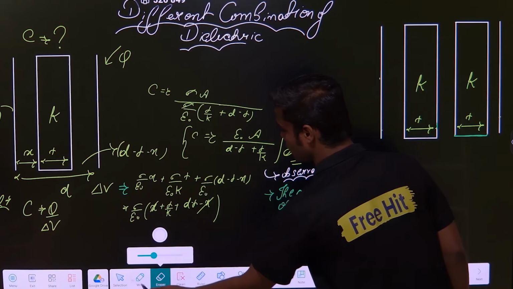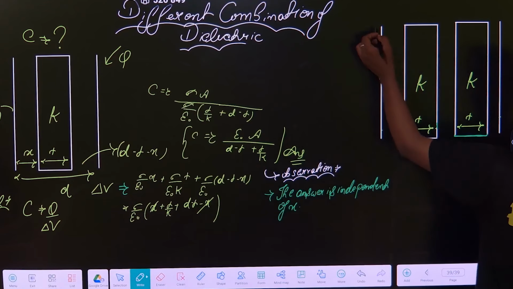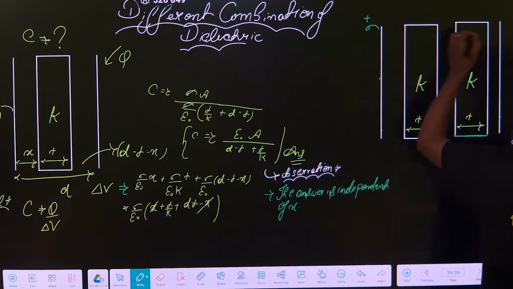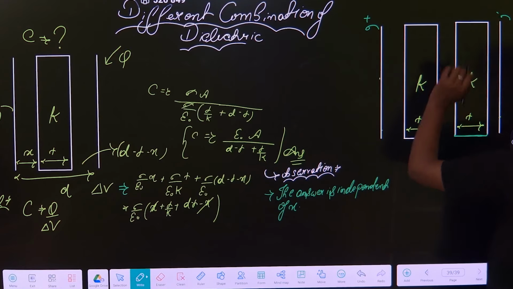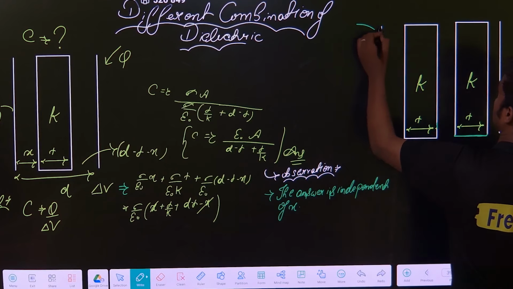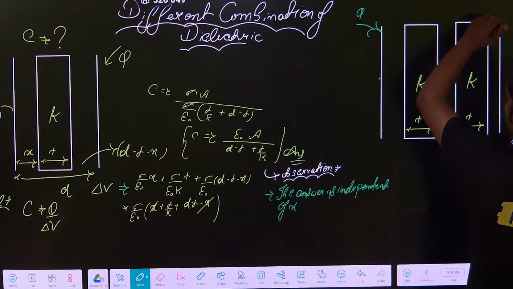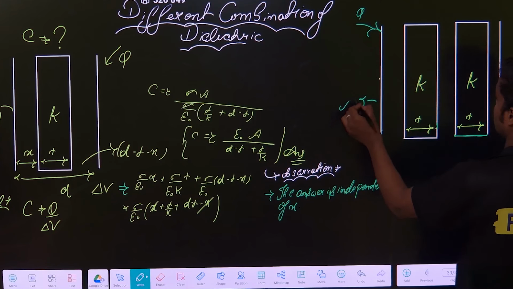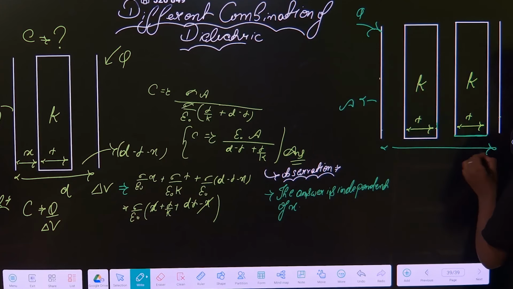For this configuration, without using your pen, can you tell me what is the answer? This is plus sigma, this is minus sigma, the charge q is given here, and minus q will be given here. The area is A, and this distance is again d.